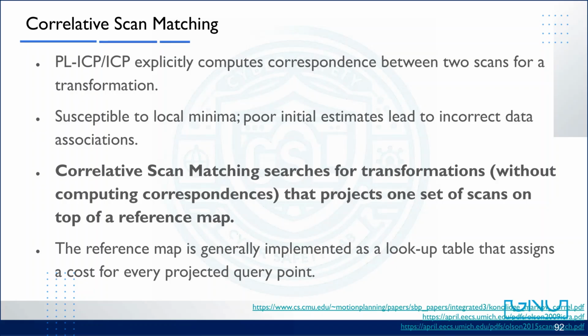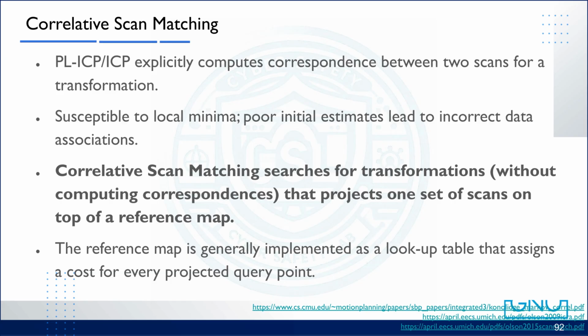Correlative scan matching takes a fundamentally different approach. Instead of matching points, it searches over a range of possible transformations to find the best alignment, without needing to compute correspondences. It does this by projecting an entire scan onto a reference map and measuring how well it fits at different positions.